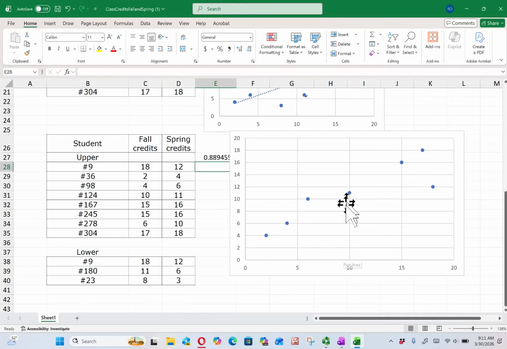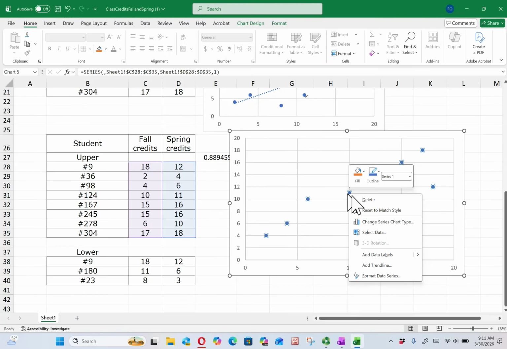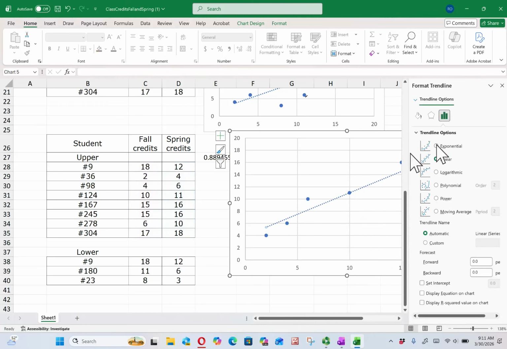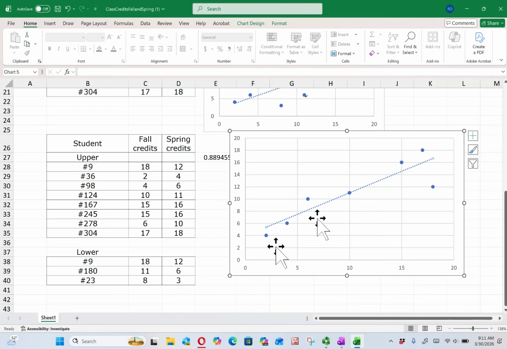I'm going to add a trend line in there. And the line fits those points better. And the correlation is higher.